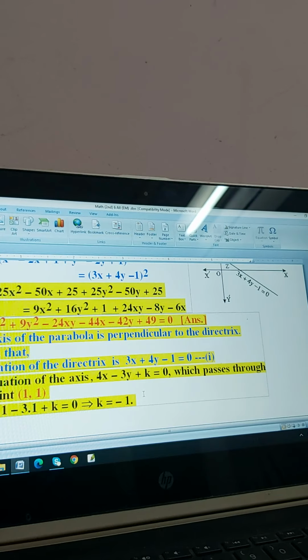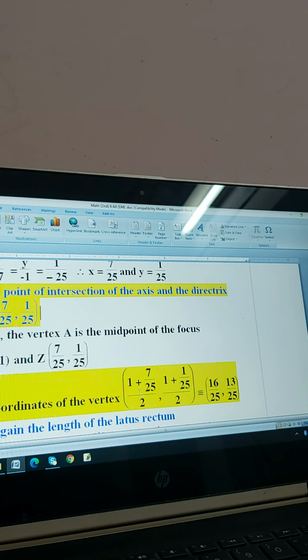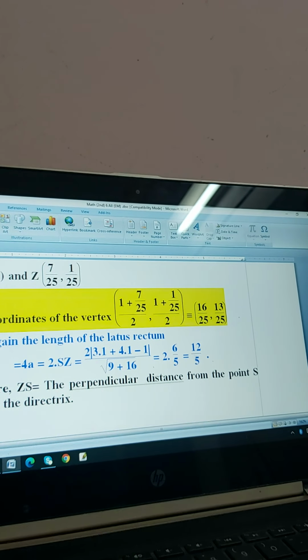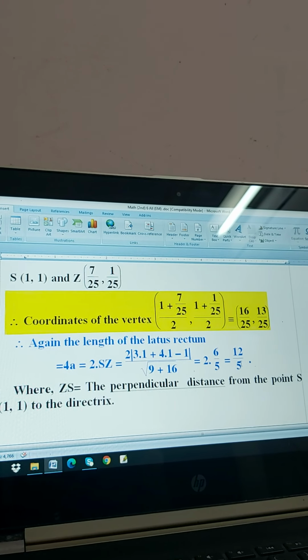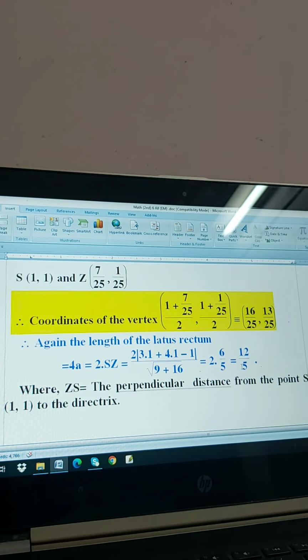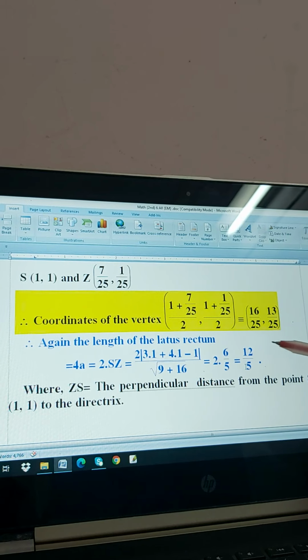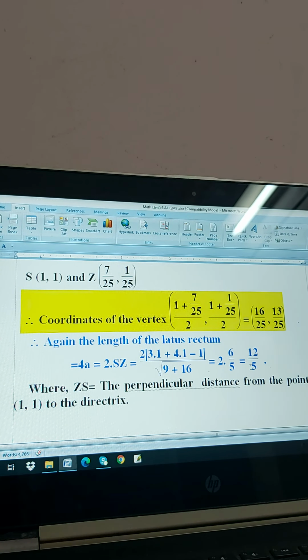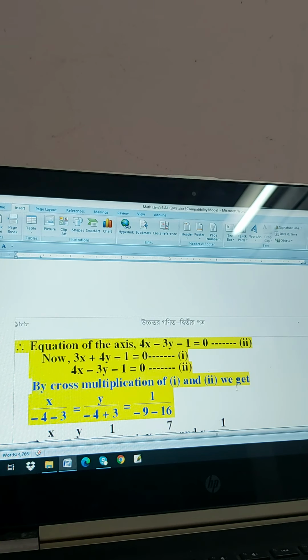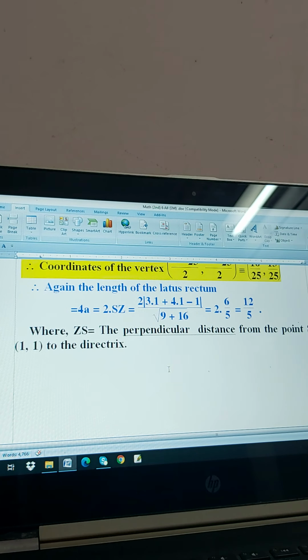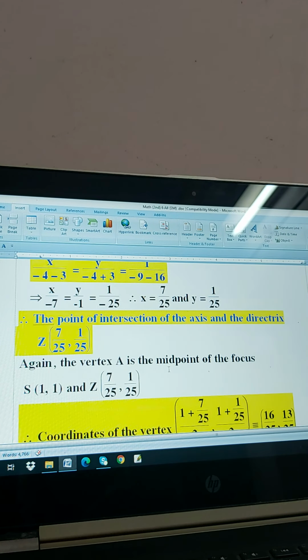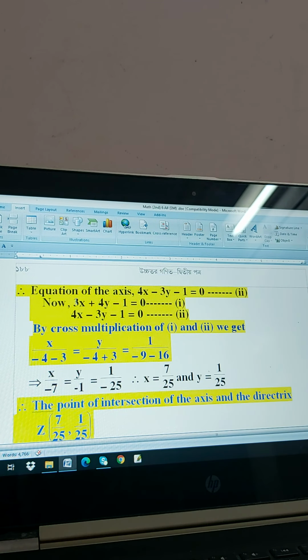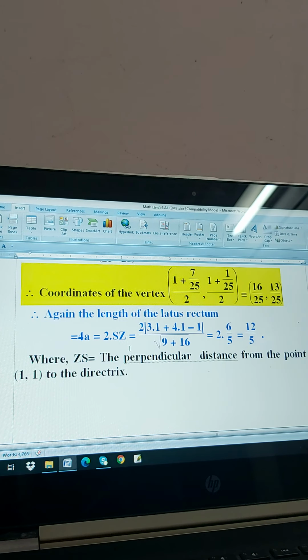Therefore ZS is equal to the perpendicular distance from the point (1, 1) to the directrix. This is the equation of the directrix.